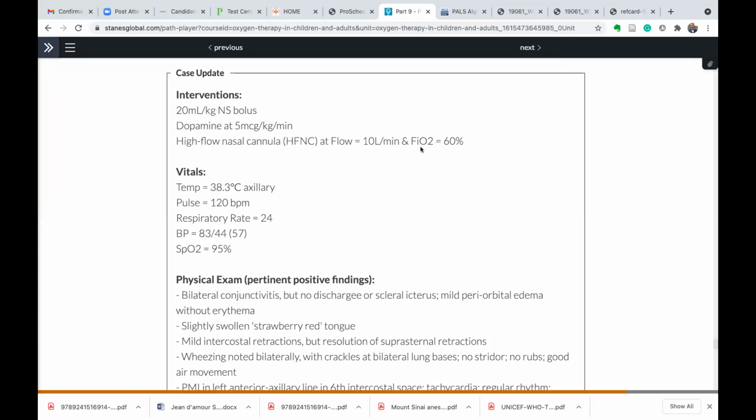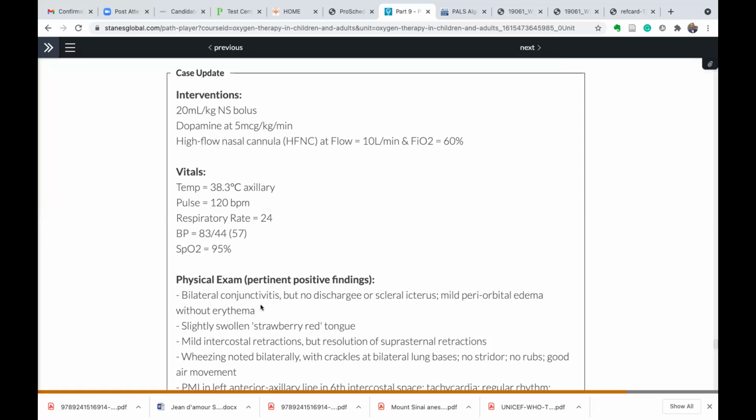We are giving 10 liters per minute, FiO2 is 60%. So the temperature is still 38.3, the pulse is 120, respiratory rate is down now to 24, the blood pressure is reasonable at 83/44, and the SpO2 has increased to 95%.